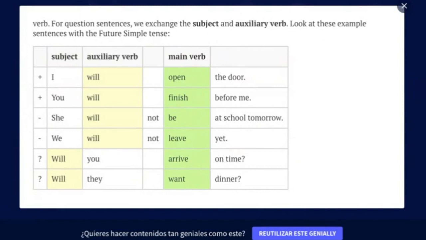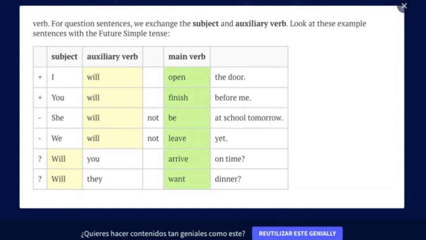Y bueno, la estructura interrogativa, pues como en todas las estructuras, como en todos los tiempos verbales que ya hemos visto, vamos a comenzar con el verbo auxiliar, en este caso will, seguido del sujeto, más el verbo principal y un complemento. Will you arrive on time? ¿Llegará a tiempo? Will they want dinner? ¿Querrán cena o van a querer cena?